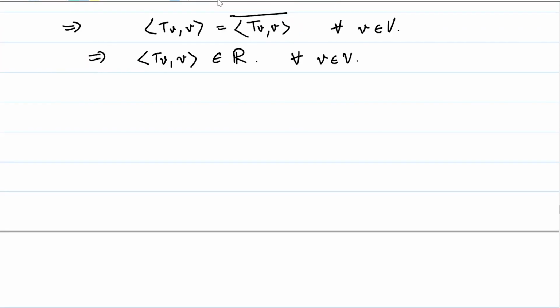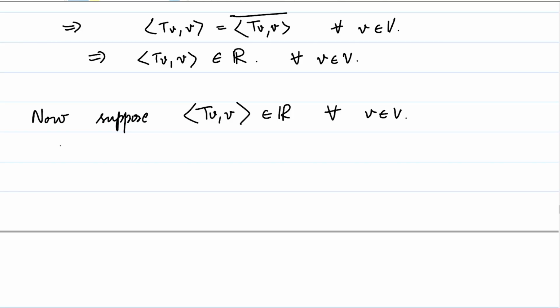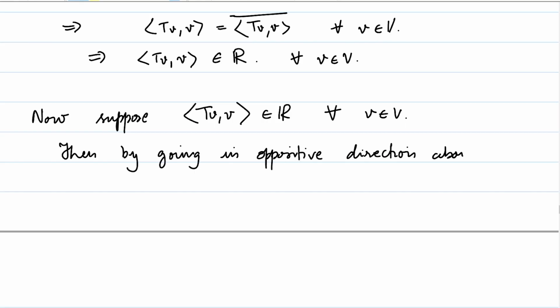I'll just write here that now suppose the inner product of TV, V is an element of R for all V in capital V. Then by going in the opposite direction above, we get that the inner product of (T minus T star)V, V is equal to 0 for all V in capital V. But we are in the setup of a complex inner product space.